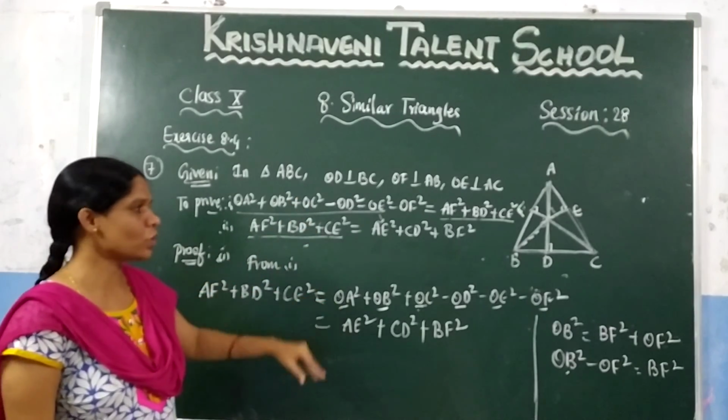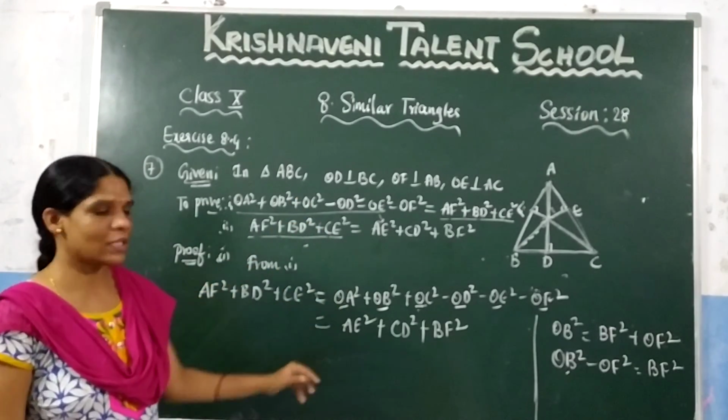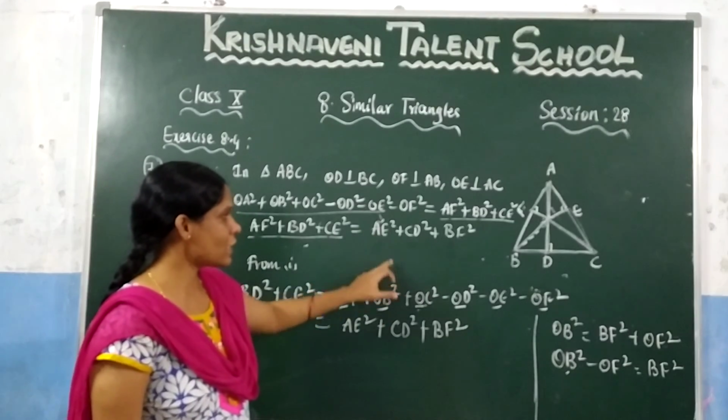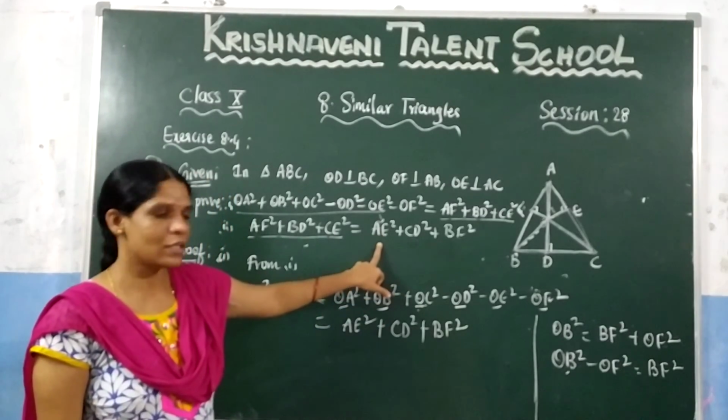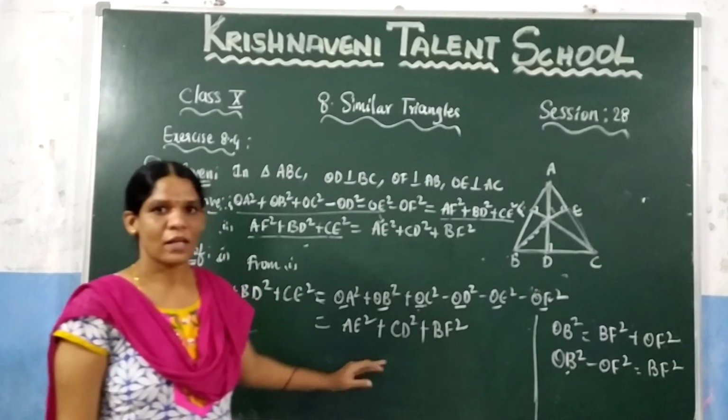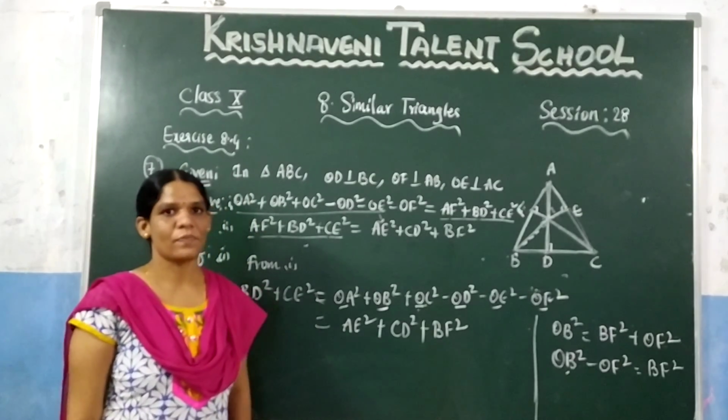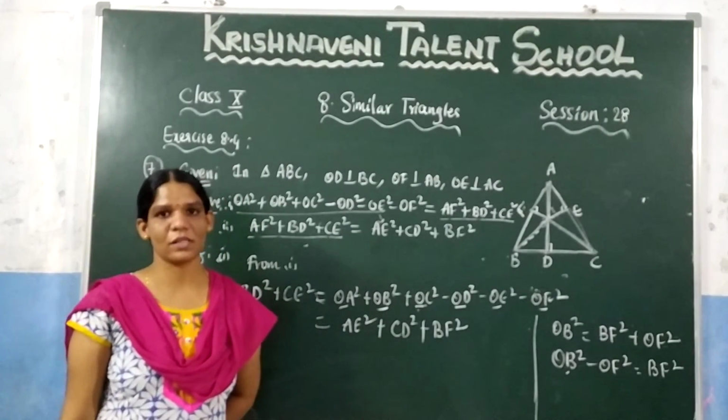And similarly, if you want to prove this condition, what we have done here, we have chosen such that AE should be there in the triangle, so that we have proved this condition, and this problem is completed, and in the next session we are going to solve the remaining problems.